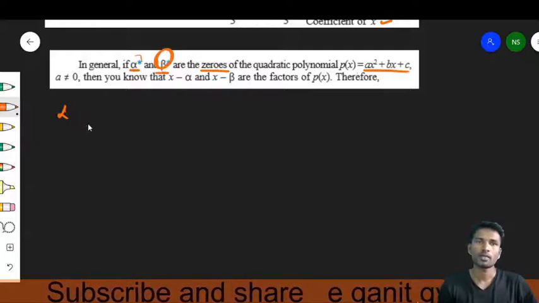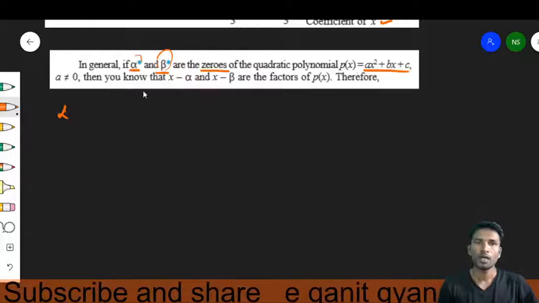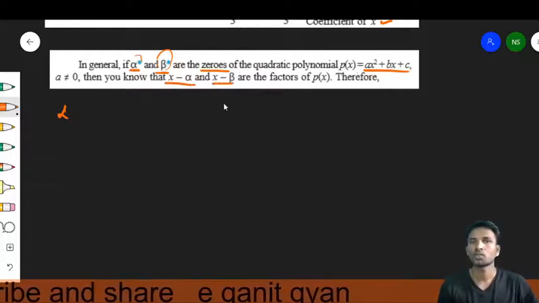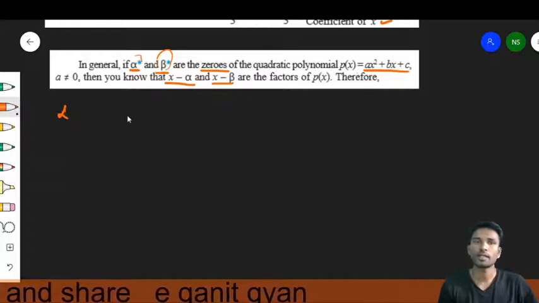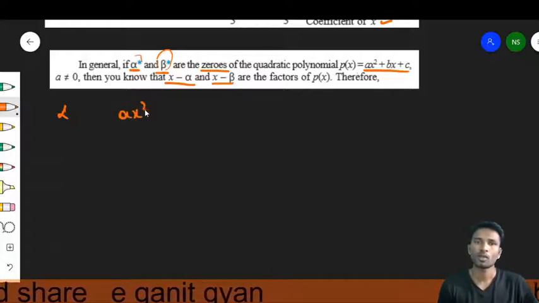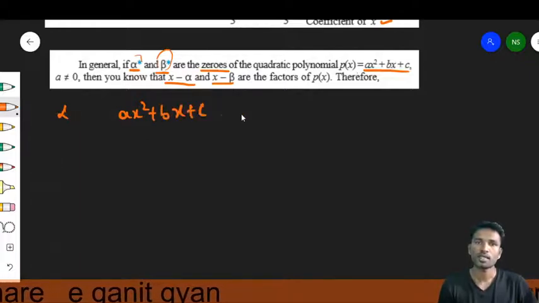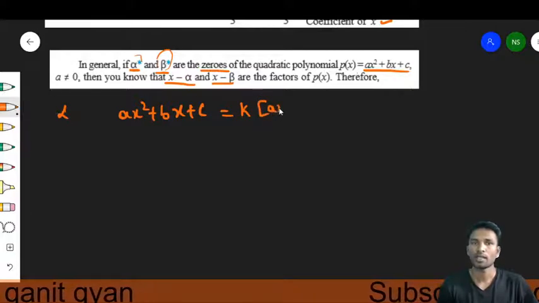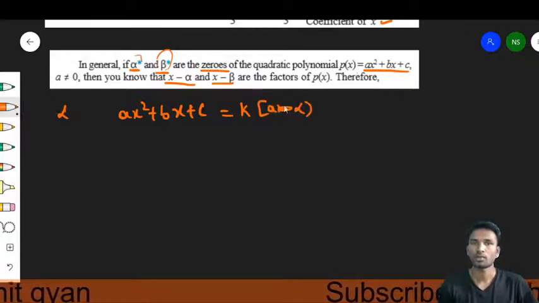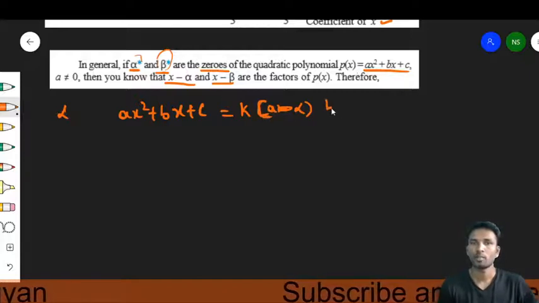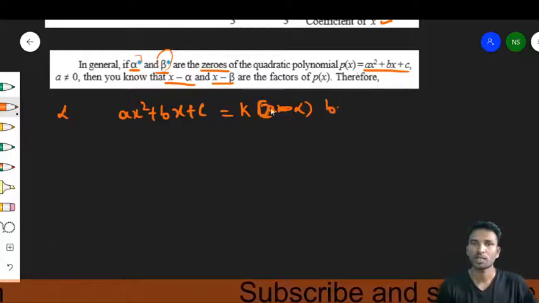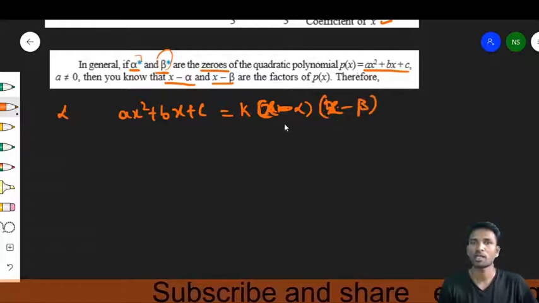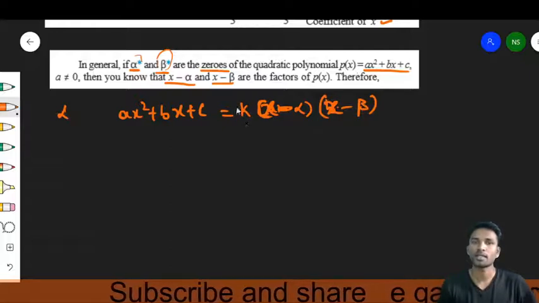Now we know that we will definitely get two zeros, which means we can write ax square plus bx plus c as k into x minus alpha into x minus beta. k is some constant.